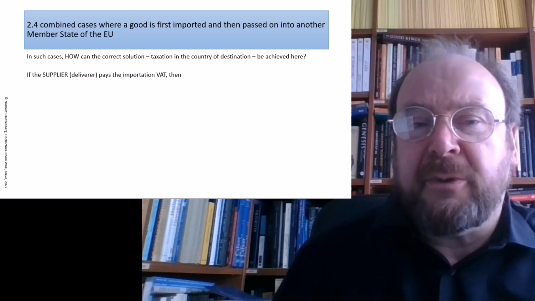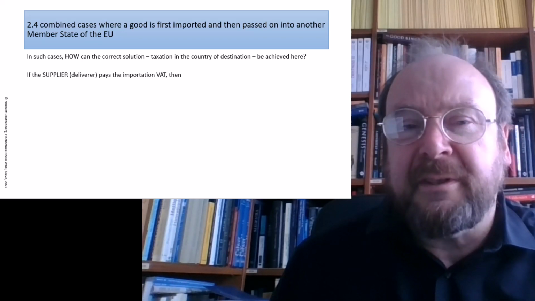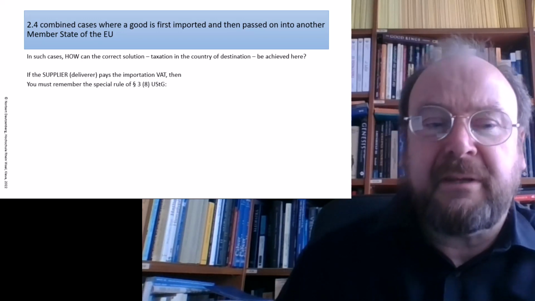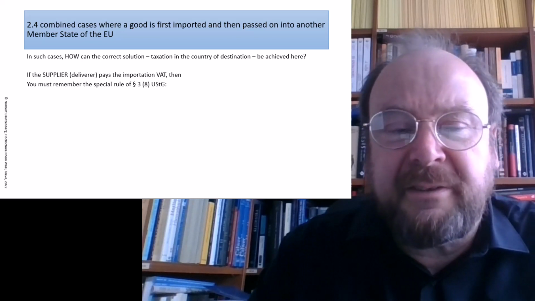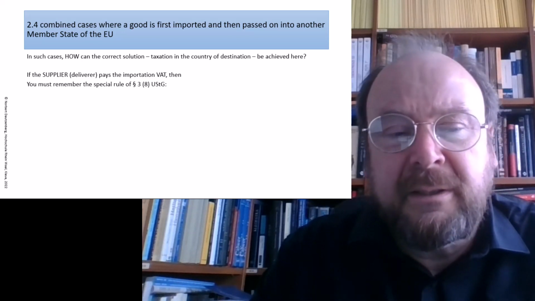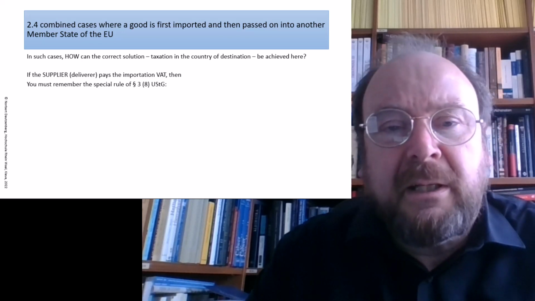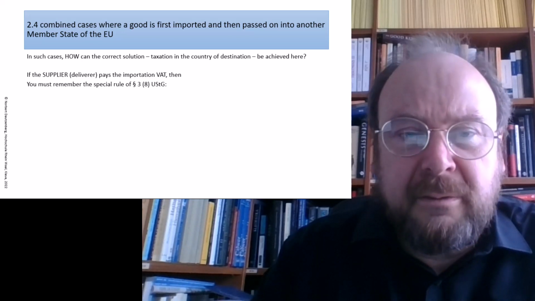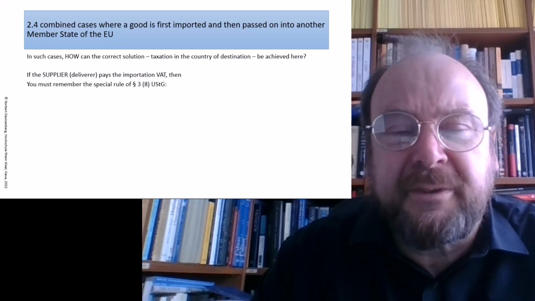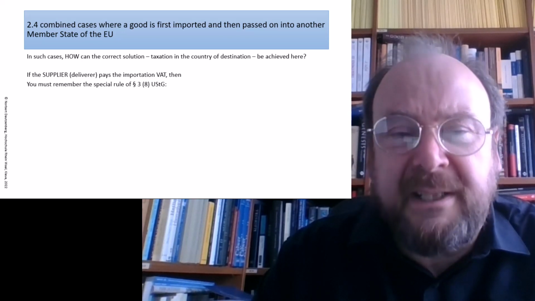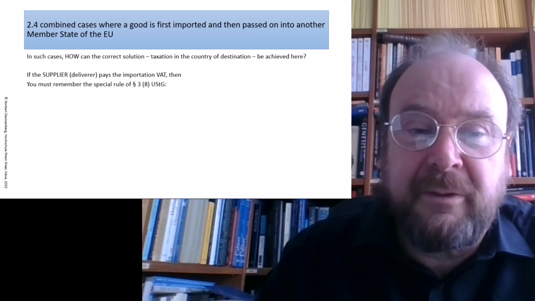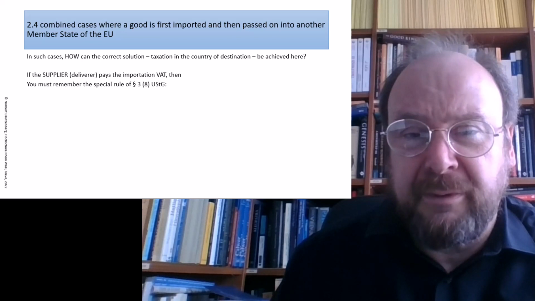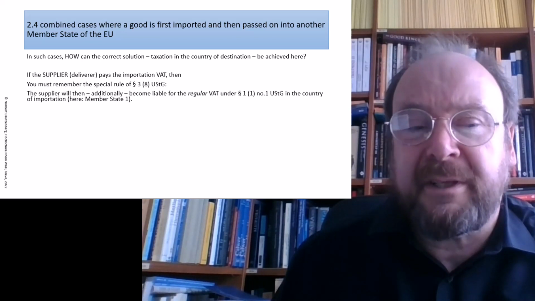First, your deliverer crosses the border, so the deliverer or supplier pays importation VAT. Then you must remember there was a special rule in the VAT Act, that was paragraph 3.8 UStG, which says that if during a delivery a good comes from the third country into the inland, plus the VAT is paid by the deliverer, then the place of supply or the place of delivery is shifted to the country where the importation takes place.